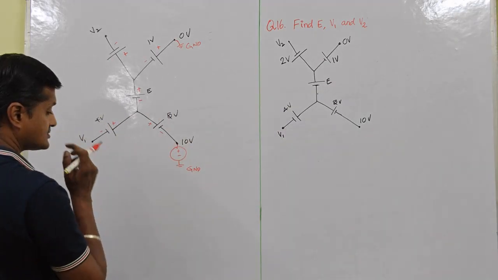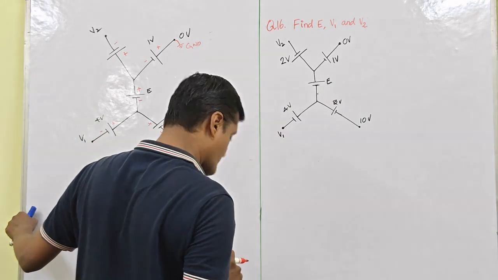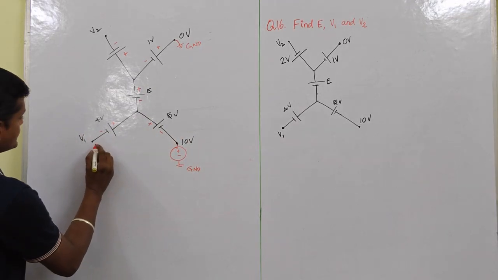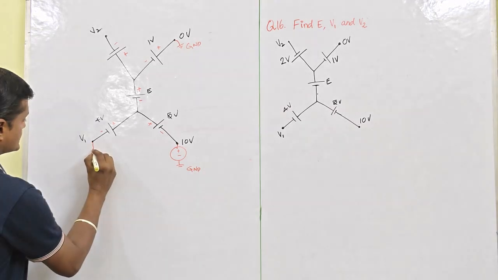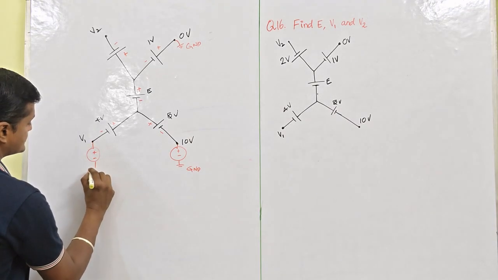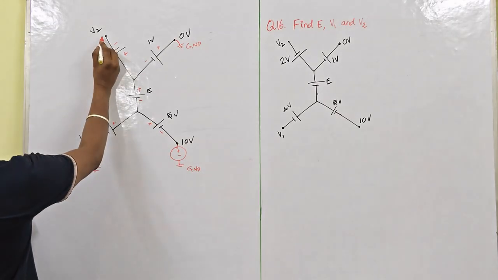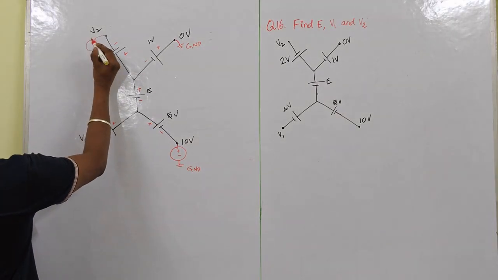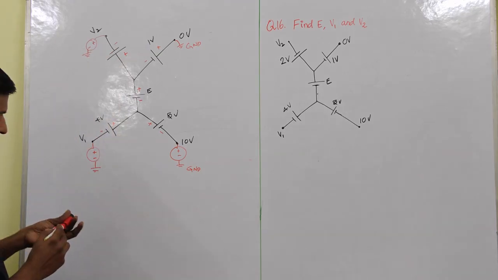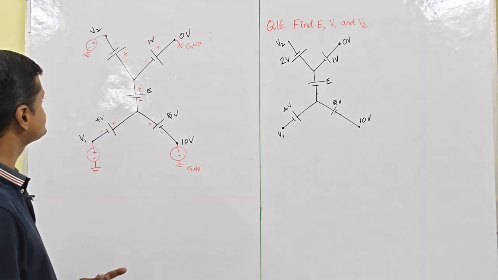Minus plus, minus plus. இங்க V1 கொடுத்திருக்கு. So அப்ப V1 அப்படிங்கிறது, this also we have one source, that is V1 plus and minus. Here also we have one source. So this is minus and plus. This is minus and plus.